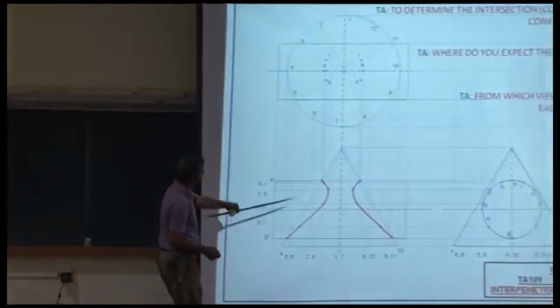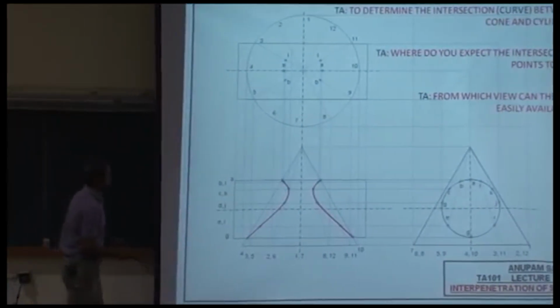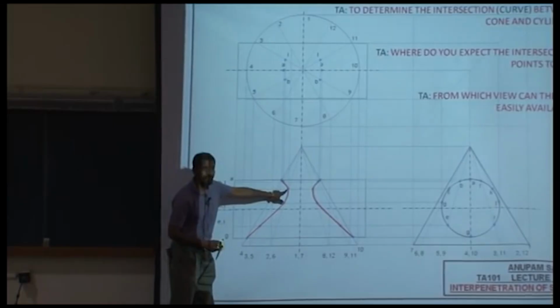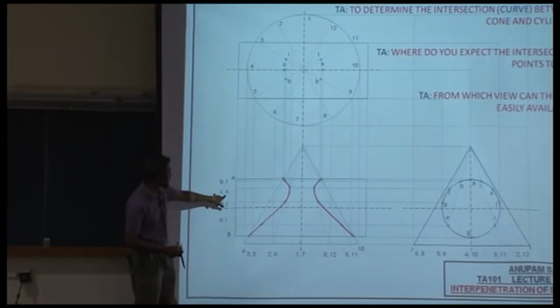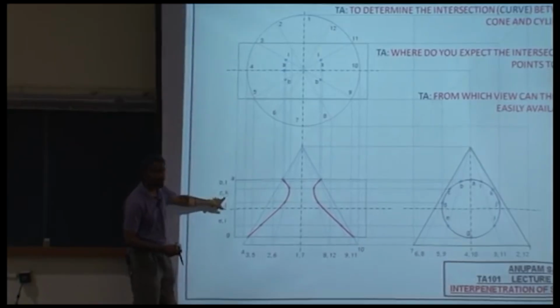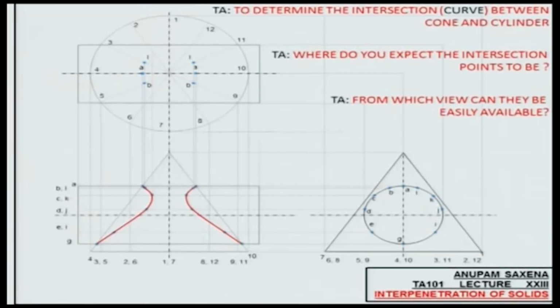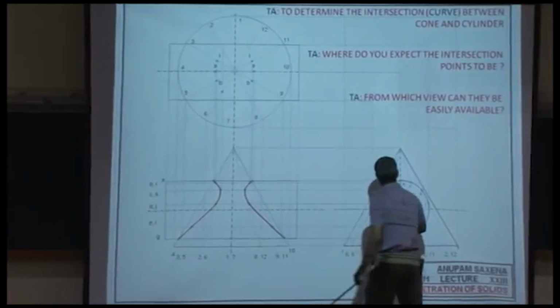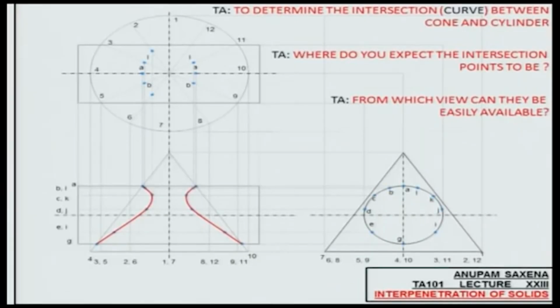Project this point. Where would that be? So think about this. This point actually represents two points, C and K, right? So this point would lie on 2 and 6. Let's see where it is. 6, all right. And if you go on to the profile view, point C lies on 6, right?